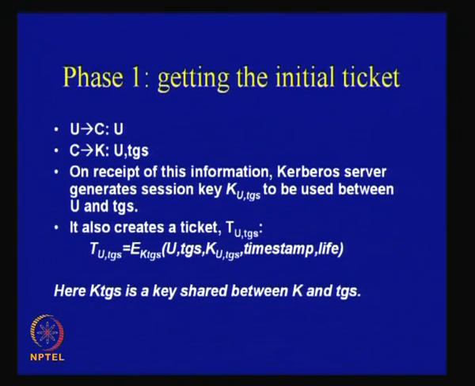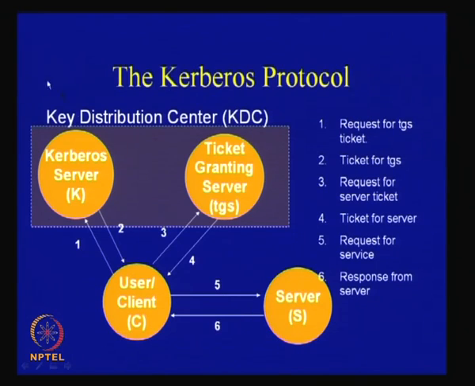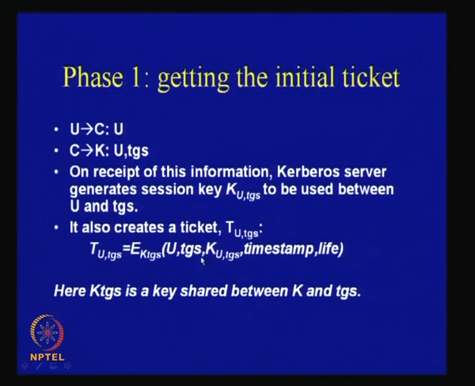So, remember the previous Needham-Schroeder protocol. It implies that this Kerberos server has a long term key for the ticket granting service as well as a long term key for the client, right. So there are 2 long term keys.